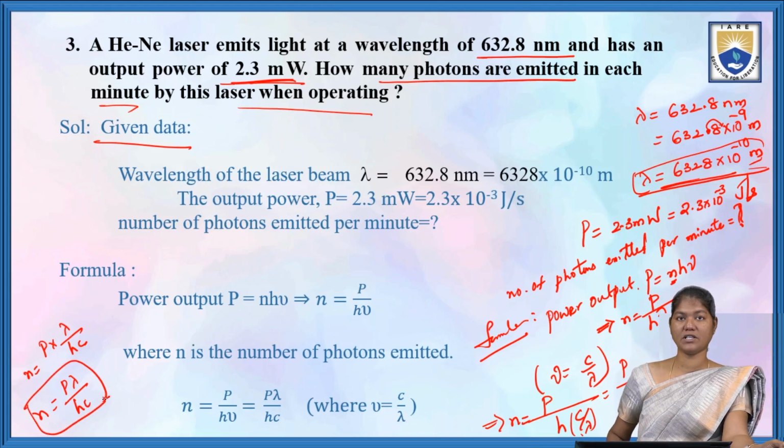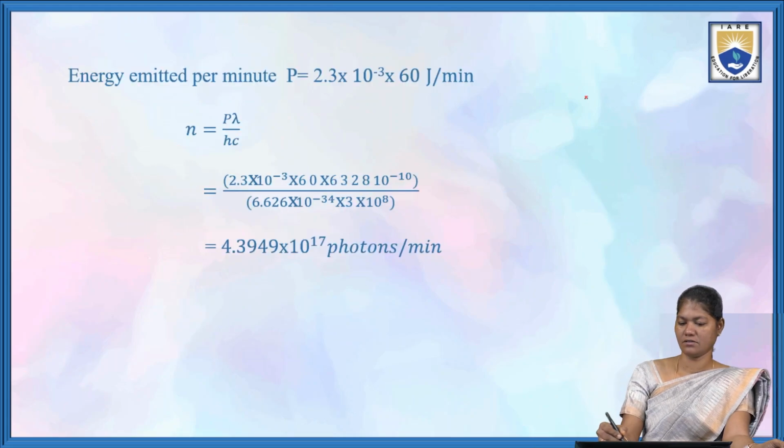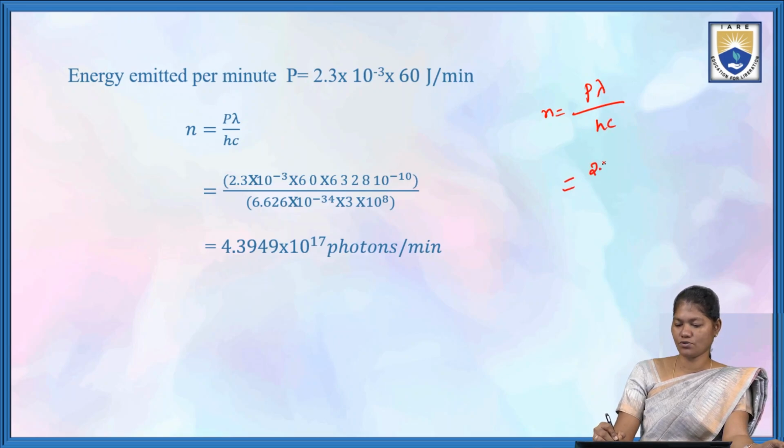So let's substitute in this expression. N is equal to P lambda by hc, where the output power is 2.3 into 10 power minus 3.